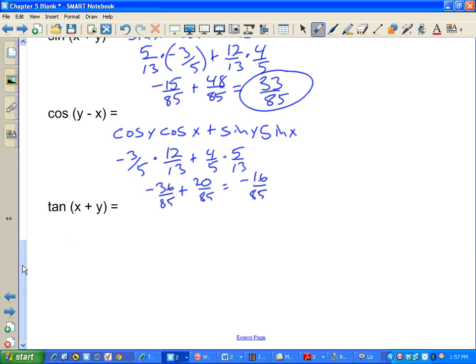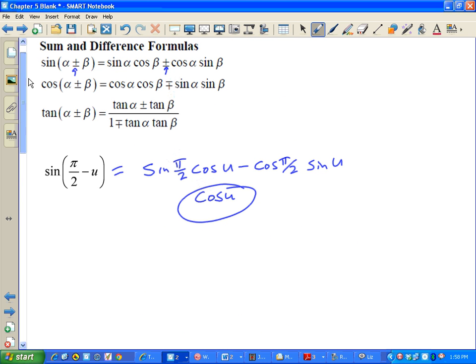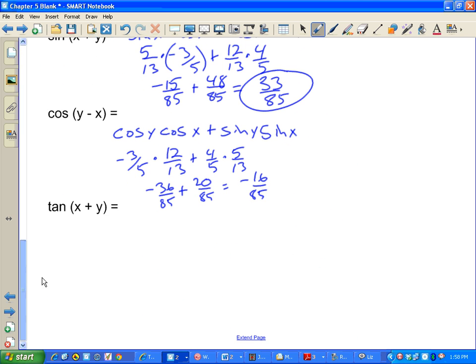Tangent, a little bit more complex formula, but not too bad. Tangent of the first plus tangent of the second, over 1 minus tangent of them multiplied together. So I'd have tangent x plus tangent y, oh, that's plus, over 1 minus, okay, the first one's the same, the second one's opposite, tangent x times tangent y.